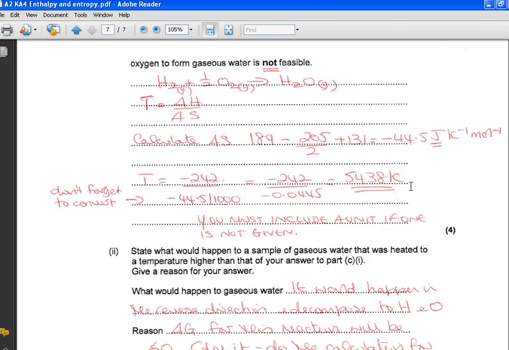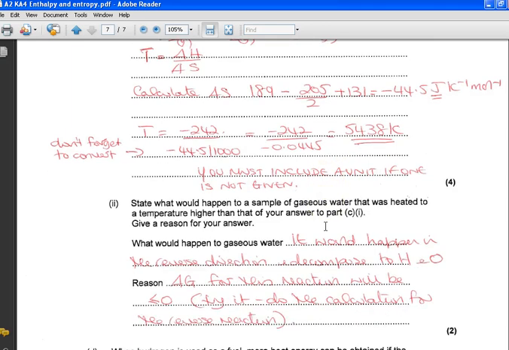A number of you lost a mark because you didn't write a unit. I just don't understand how you can look at a number and not see that you have to put a unit there, otherwise it doesn't mean anything. The number 5438 on its own doesn't tell you anything, so you must put that unit in.